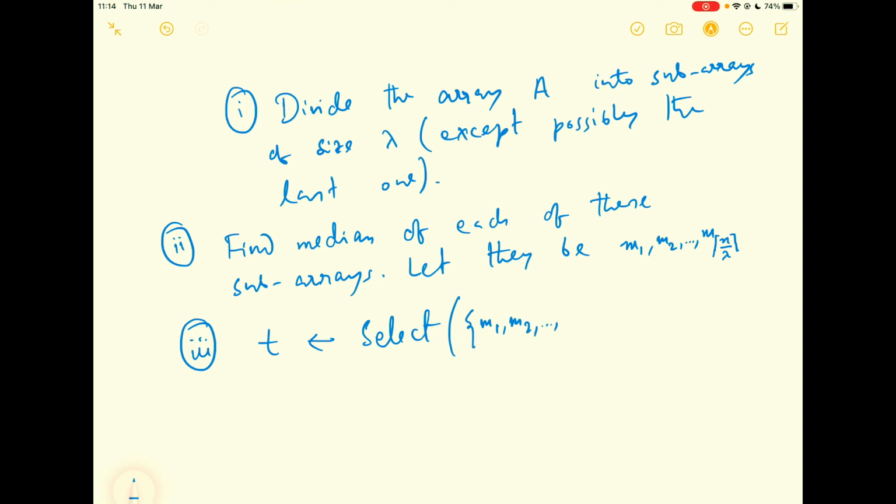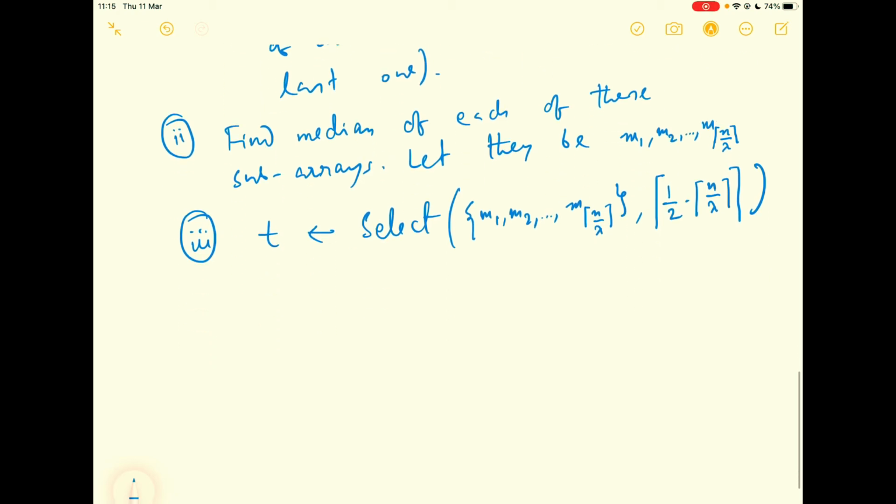I'm writing it as a set M n by lambda, and I need to find the median element, okay, so the middle element of this set of elements. Okay, and that is my pivot. I will argue why this is a good pivot. So the rest of the algorithm is same.